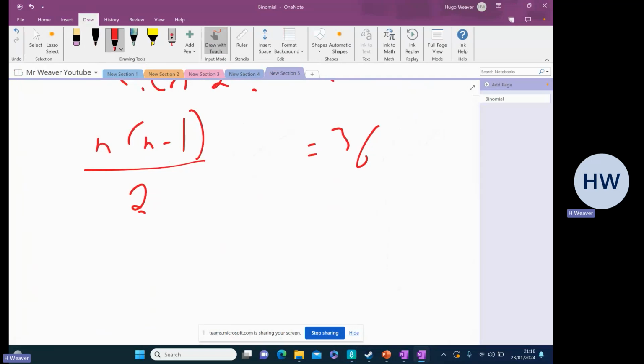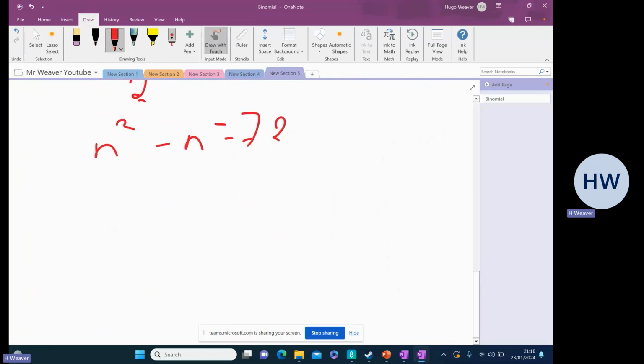So if I multiply both sides by 2, and I'm going to expand the numerator, so I now get n squared minus n, which equals 72. I can now move that over onto the same side. So I now get n squared minus n minus 72 equals 0.